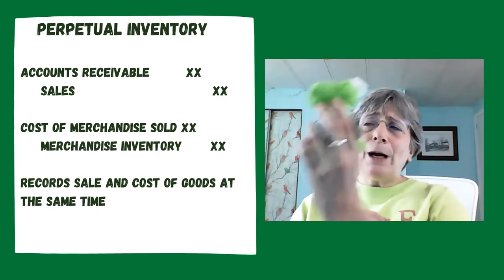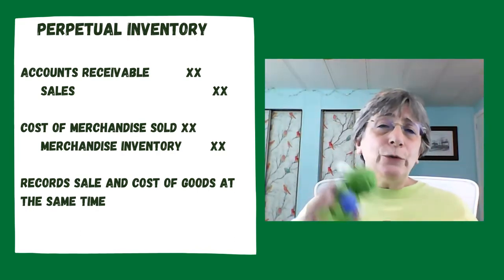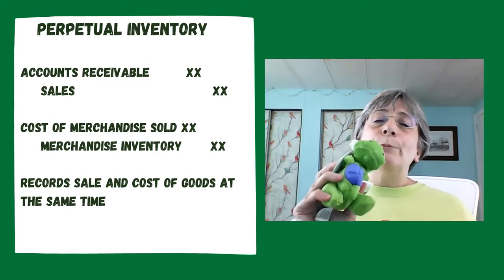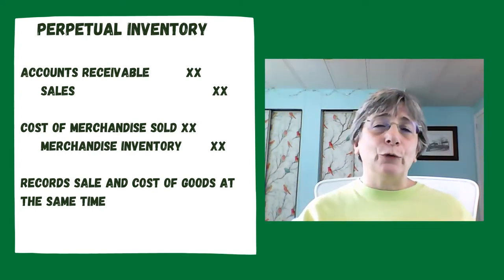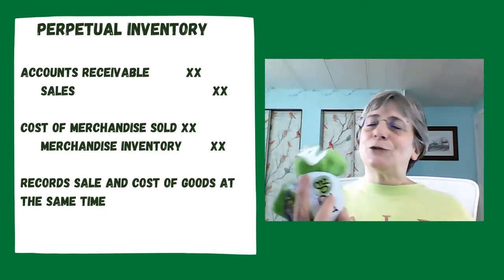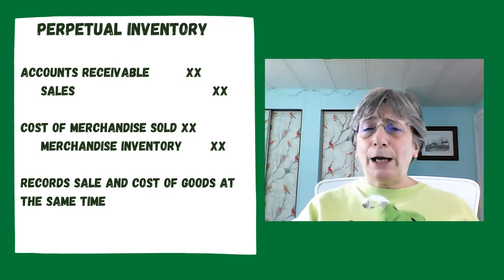He's going out the door. Bye. Then we need to take this out of our inventory. And we do that by crediting our inventory account. And we want to move that cost now into cost of merchandise sold or cost of goods sold. Because of what? The matching principle. That's right, Terrence. So that's the way we handle things under perpetual inventory.